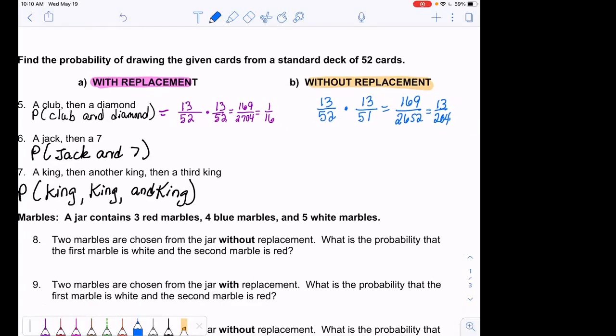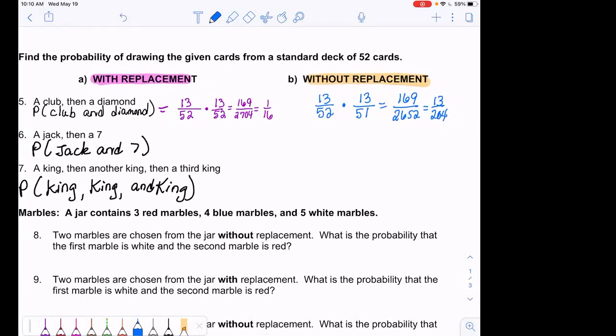So let's look at the second one. The probability of getting a jack and then a 7. Emma, do you remember how many jacks are in a deck of cards? Or how many 7s? 4 7s. There are also 4 jacks.